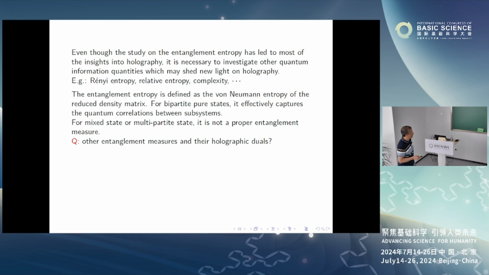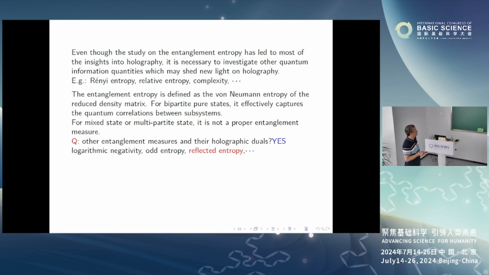So that's why we have to consider other quantum information quantities. And so the question is whether there are some other entanglement measures and their holographic dual. This is a very interesting question to ask. And the answer is yes.